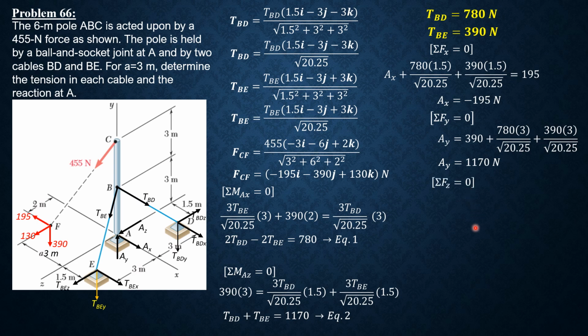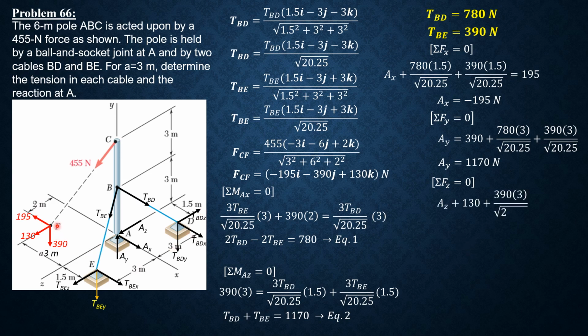Then finally, summation forces along Z equals 0. So AZ plus 130 plus TBEZ, which is 390 times 3 over square root of 20.25, equals TBDZ, which is 780 times 3 over square root of 20.25.